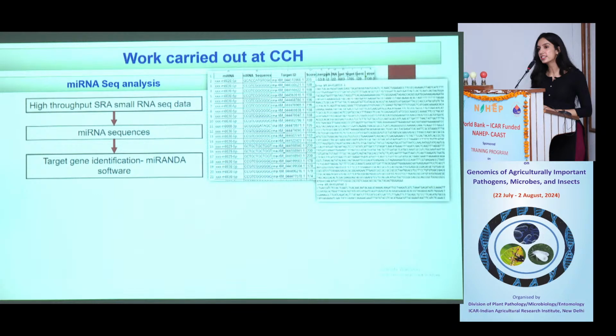After the identification of microRNAs and getting their sequences, the next step is to get the targets of these microRNAs. For the identification of the targets, we input the microRNA sequences into software. There are many software packages; for example, I used miRanda.